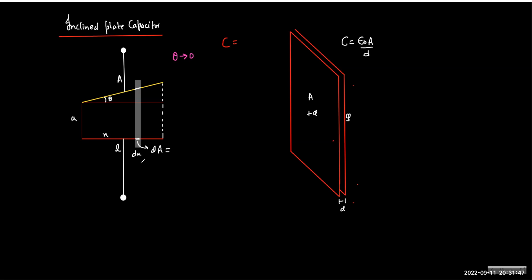The area A belongs to what length? L length. For L length of plate, the area is A, isn't it? So what will be the area for dx? A by L into dx.